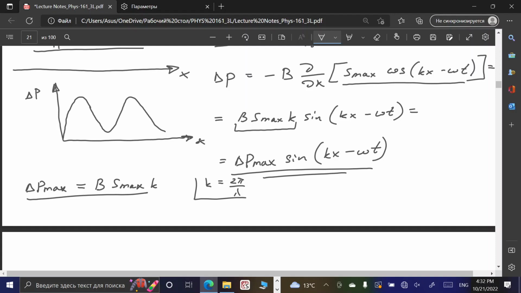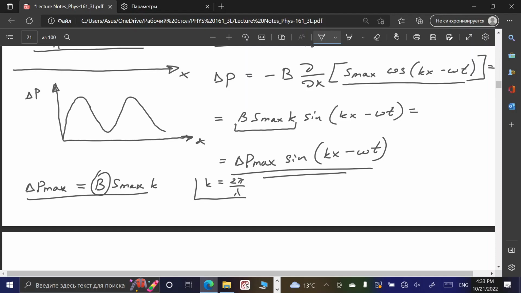It looks at first point of view that we accomplished our task. However, this parameter B is not a very practical parameter for applications because we don't usually deal with it. It would be much better if we could deal with the density of the medium instead of the bulk modulus, because density of the medium is something that is everywhere available and easy to measure.